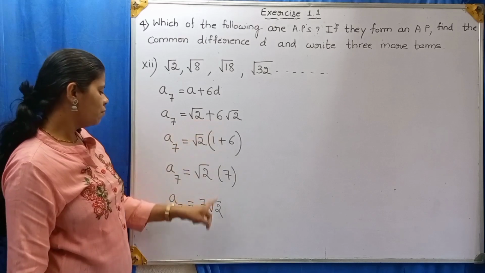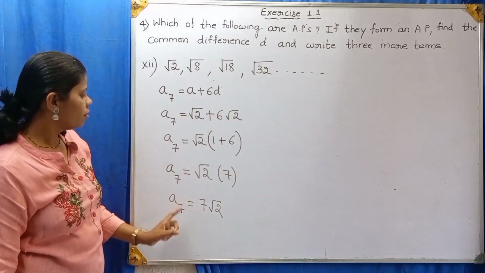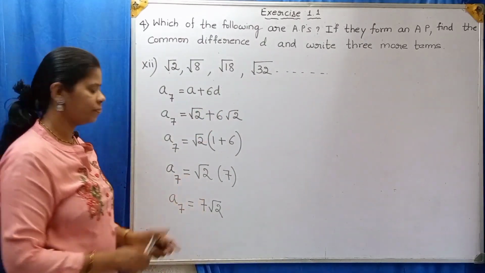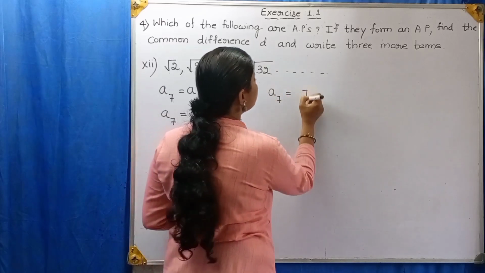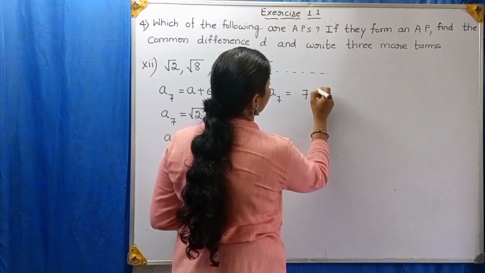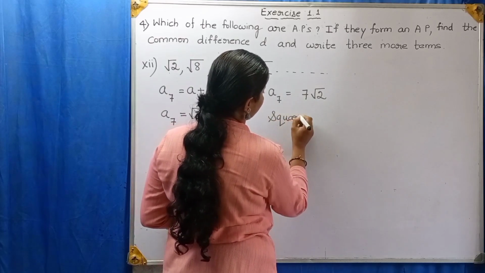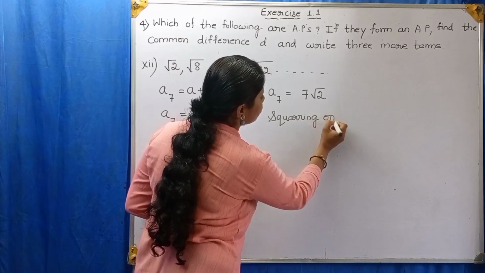But we want a7 in this form. To do this, to get like this, we have to do the squaring on both sides. a7 is equal to 7 into root 2. Okay, do squaring on both sides.